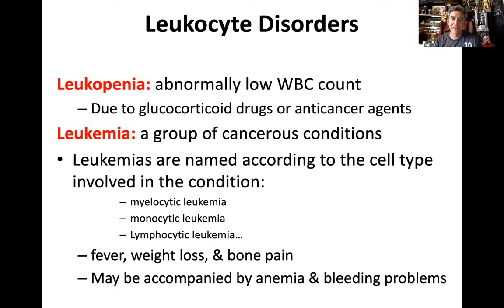And again, there are a lot of different potential categories, I would say over 60 different types of leukemias. They're named based on whether they're acute, right away, or chronic, and named based on the type of white cell that is affected. So again, myelocytic leukemia, monocytic leukemia, lymphocytic leukemia.